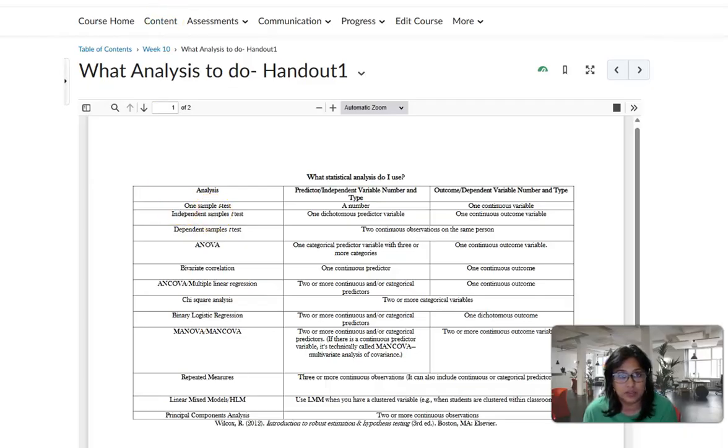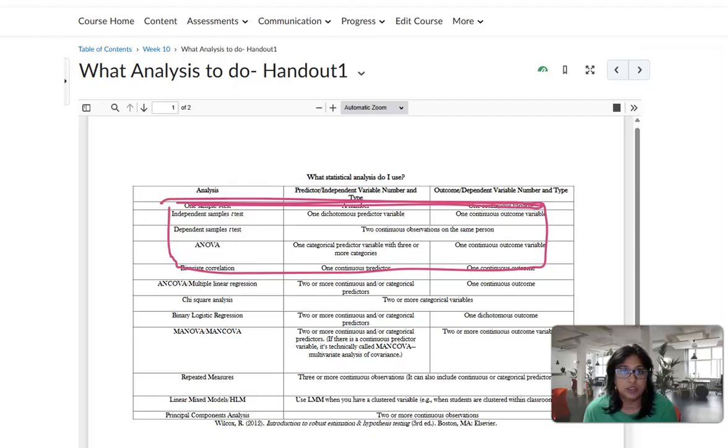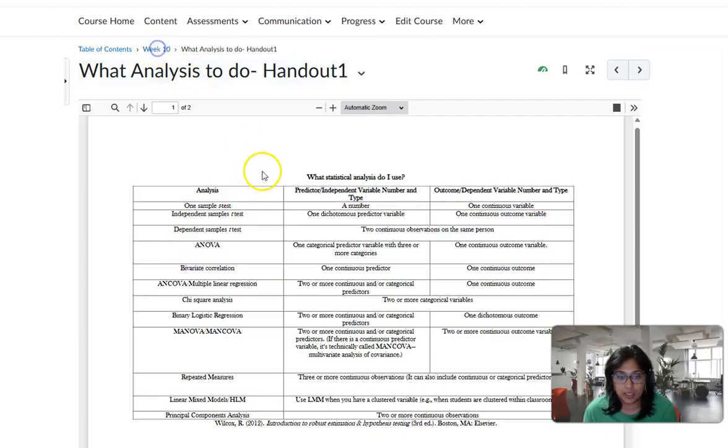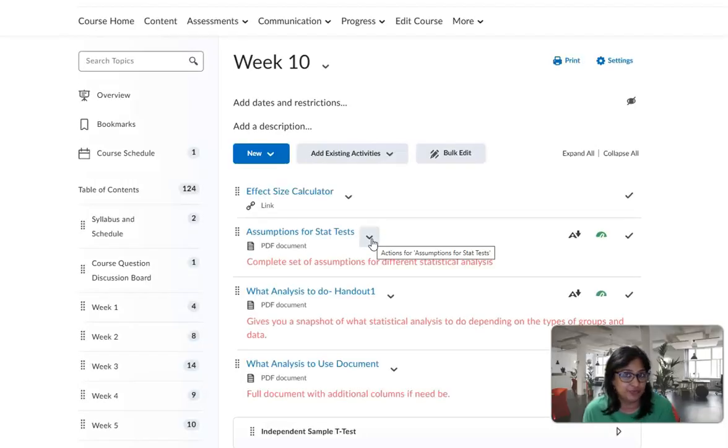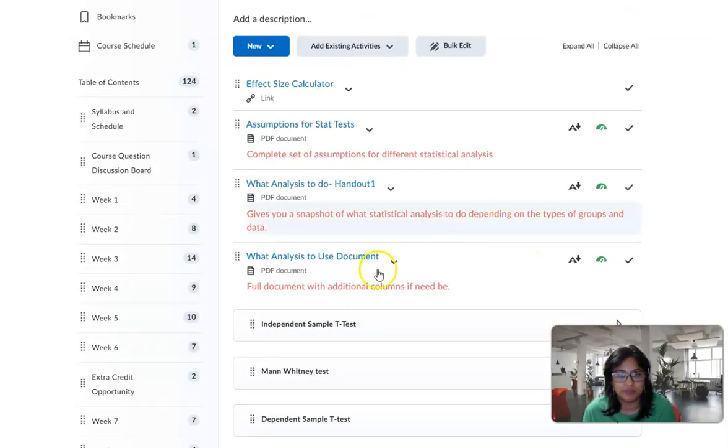Let me mark it so that you guys can see. One of these is probably what you guys are going to be doing. And we definitely will probably not be doing the one sample t-test. But these are ones you're going to be doing. So that is, again, a great resource if you're pursuing your EdD or in the future. This would be a great resource to keep.